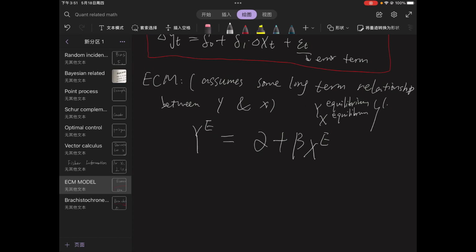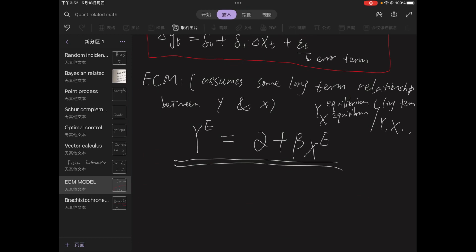We can consider it as the long-term y and long-term x, right? So in the long term, they are actually linear. So y and x must go in the same direction. And in this way, the time series we showed before does not make that much sense because it does not capture this long-term relationship. That's what we're going to do here.